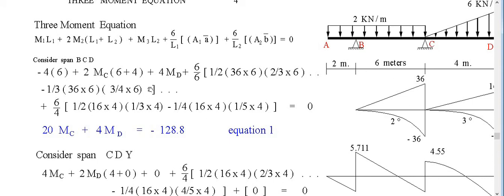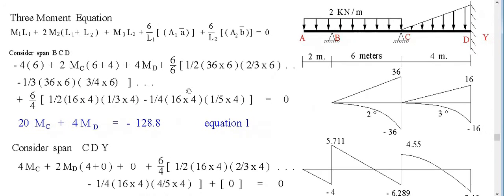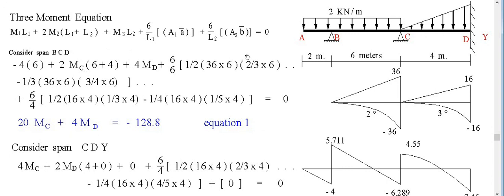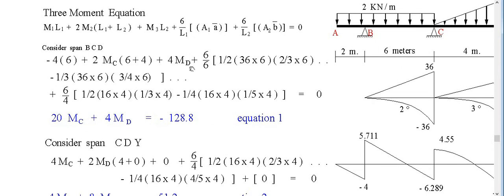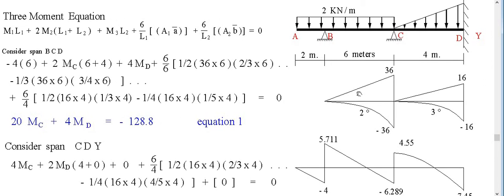Now because this is two spans, the first span is this one. The second span is this one, 6/4. The area here, triangular loading, is 1/2 times 16 by 4, times the distance.